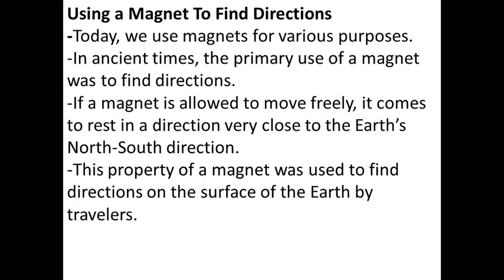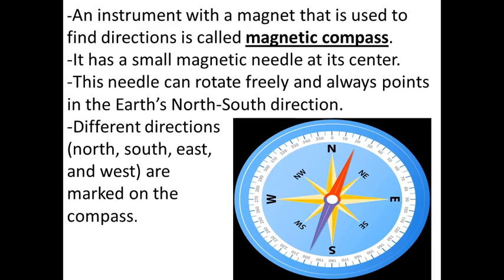If a magnet is allowed to move freely, for example hung with a string, it will always remain in the north-south direction. This property of a magnet was used by travelers to find direction on the surface of the earth. Nowadays also we use the magnetic compass to find the direction.